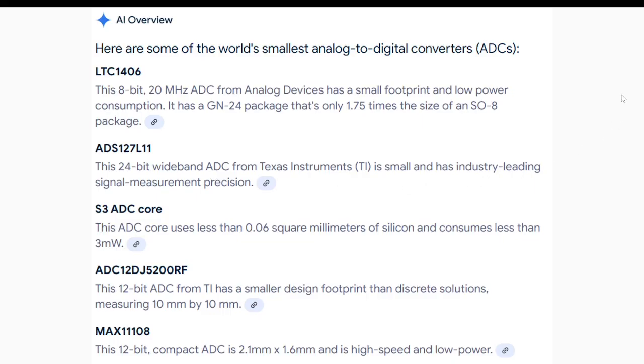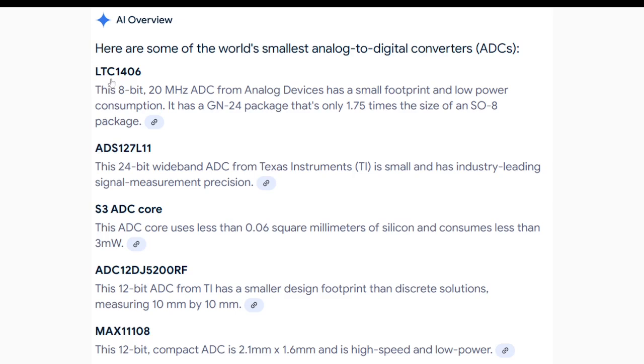So here are some of the world's smallest analog to digital converters. Why smallest? It is very relevant to microcontrollers, microelectronics, miniaturization. I do not by any means want you to memorize these part numbers. It's just to show you how small it can be.